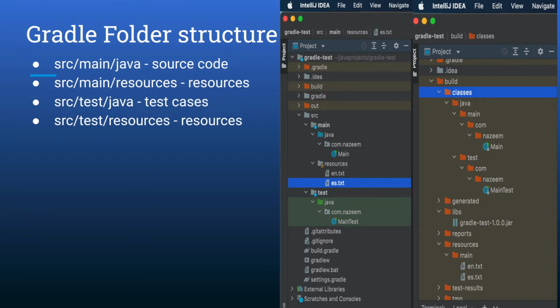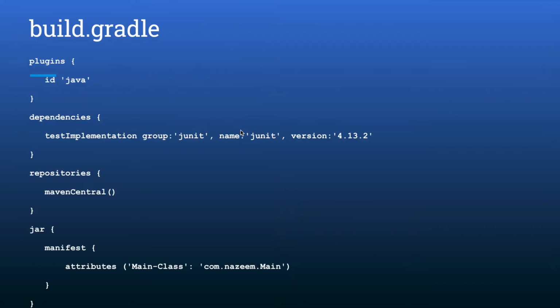All my source files are inside the src/main/java folder, and similarly all my test files are in src/test/java. And for resources, if you are running the application, you can use src/main/resources. This is how you handle the resources part.